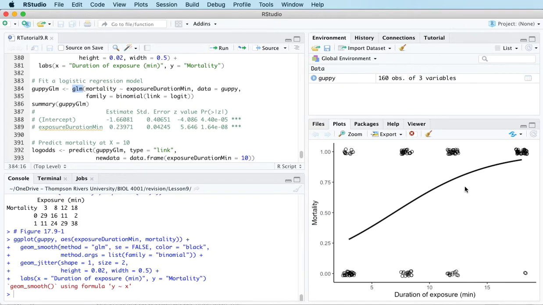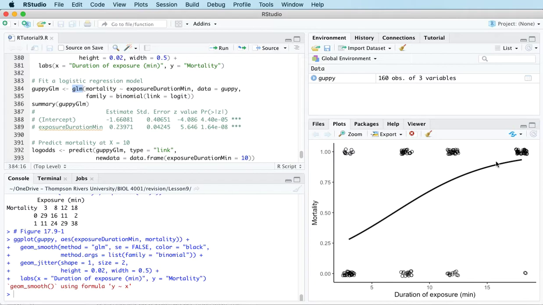So there would be a straight line here instead of this curved line, but that resulting linear regression model would not satisfy the assumptions of a linear regression model. And so even though it's possible to fit a linear regression model to data like this, the results are meaningless because the resulting model does not satisfy the assumptions.